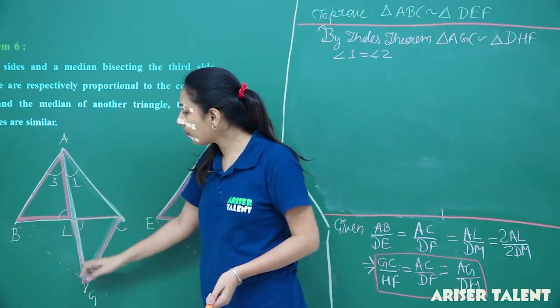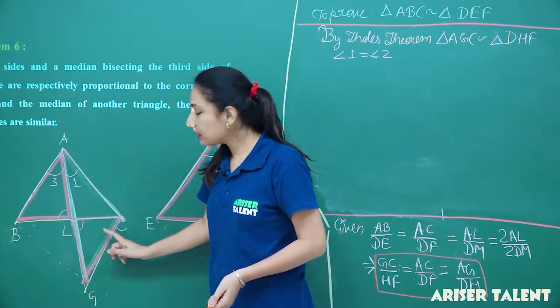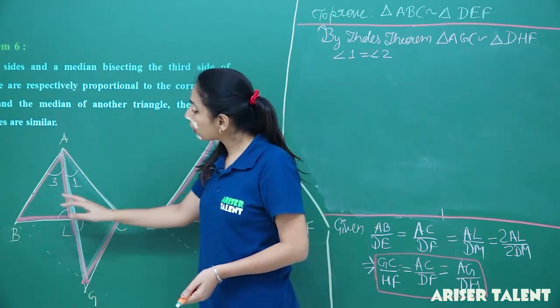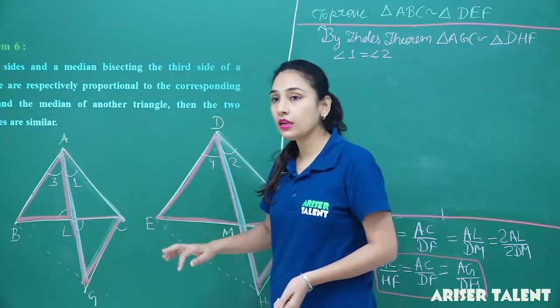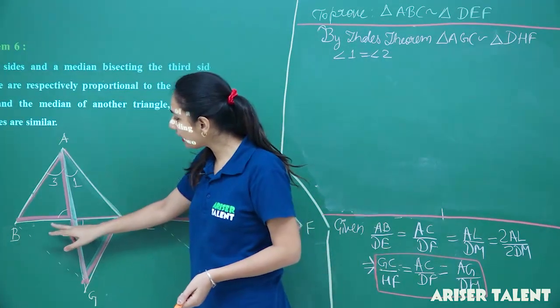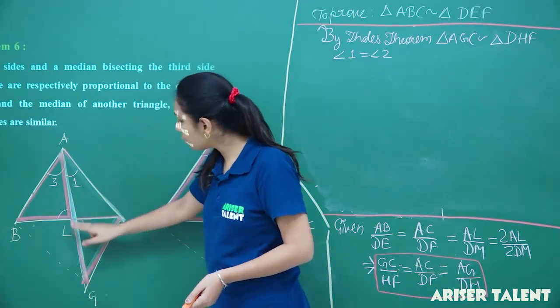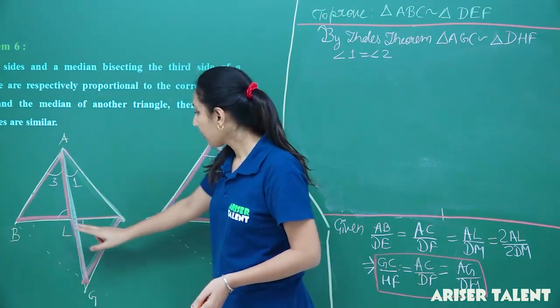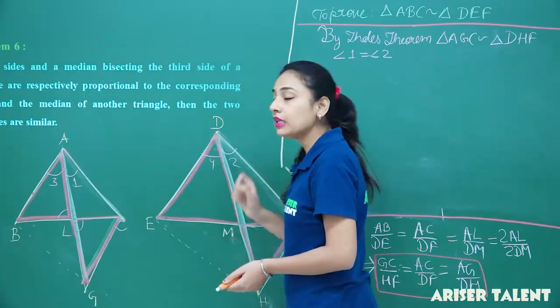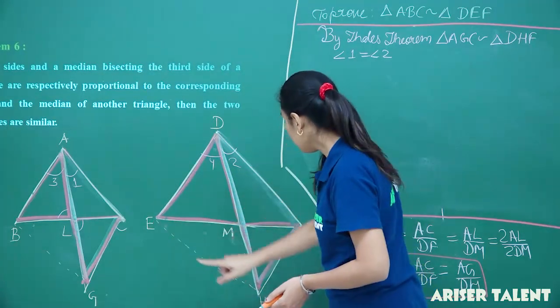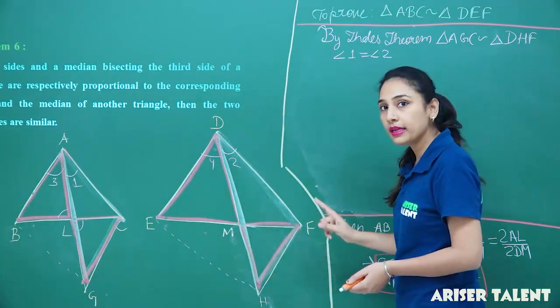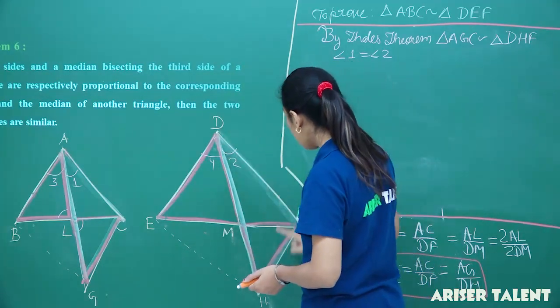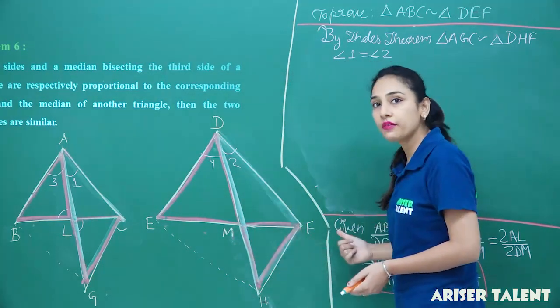Again, this is the common line. So the same proportions will be there and eventually triangle BGL will be congruent to triangle ALC. Similarly, triangle EMH will be congruent to triangle DMF, just like we have done it.